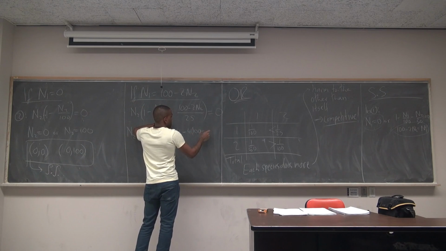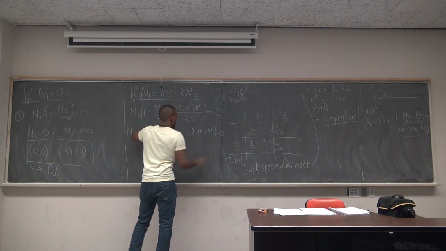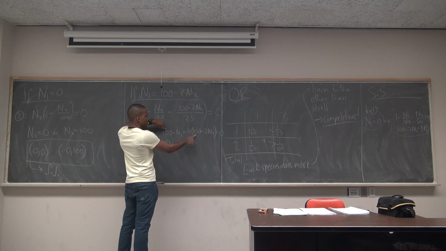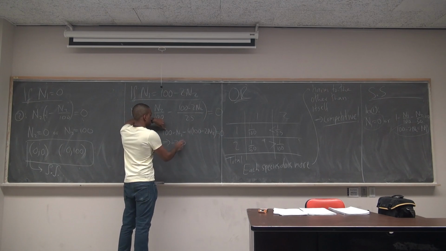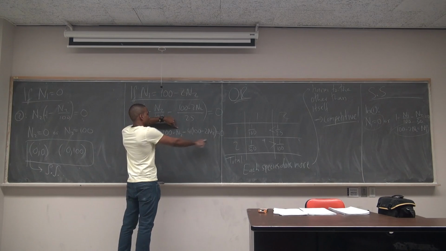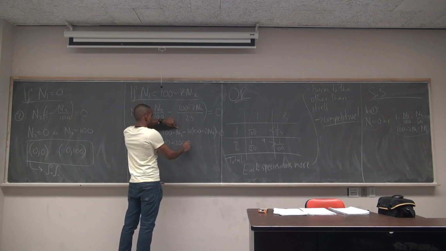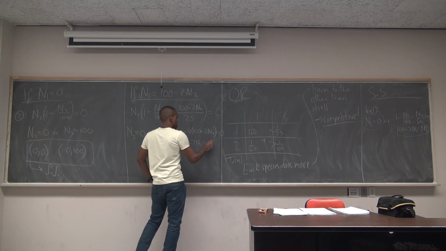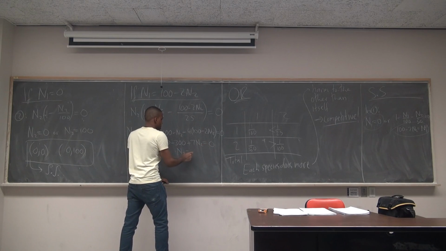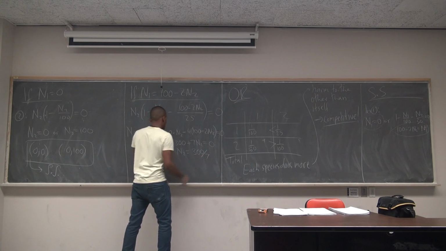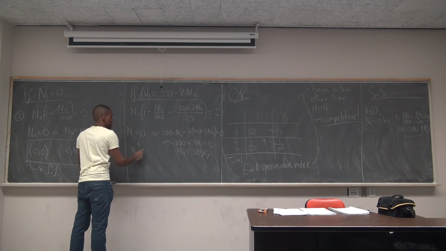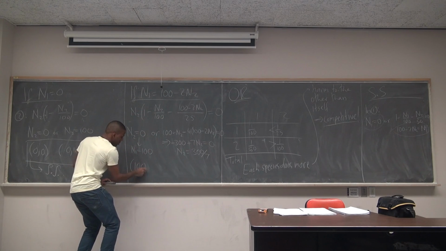Let's write it out. So here I would have 100 minus 400, so that's minus 300. Here I'd have minus n2 plus 8n2, so that's 7n2. And so n2 would be 300 over 7. If n2 is 0, n1 is 100. So I get another steady state, 100 comma 0.